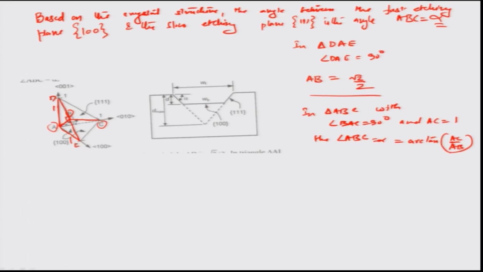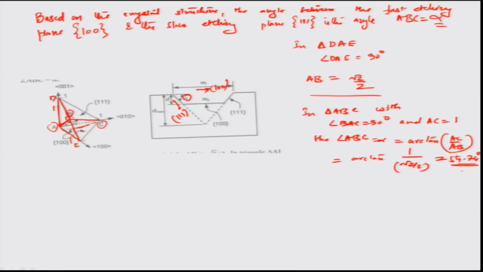Obviously in this triangle ABC, alpha is nothing but the arctan of AC, which is one of the sides, divided by AB. So geometrically this comes out to be equal to arctan of 1 divided by root 2 by 2, which is 54.74 degrees. So this angle alpha, which is formed between the 100 and the 111 direction, is 54.74, and that is what happens normally in anisotropic etching.